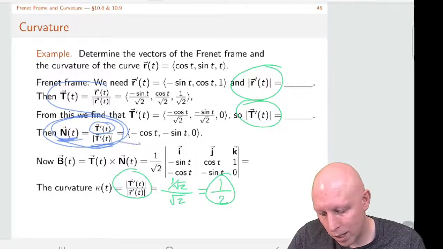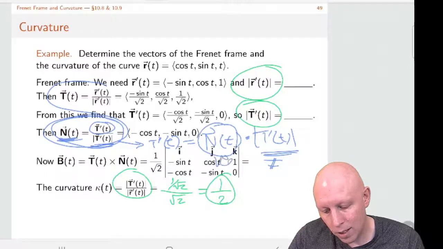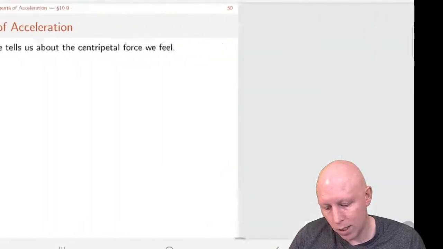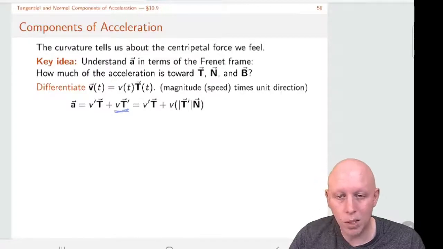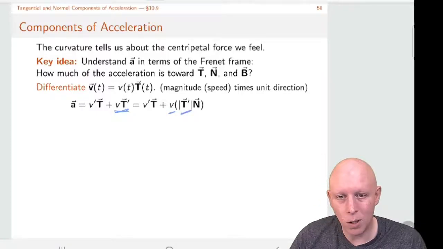So we can rewrite this as an equation that says T prime of t is equal to the normal vector times the length of T prime of t. So this is a number, and this is a vector. So what this is saying is that v times T prime is equal to v times the length of T prime times N.